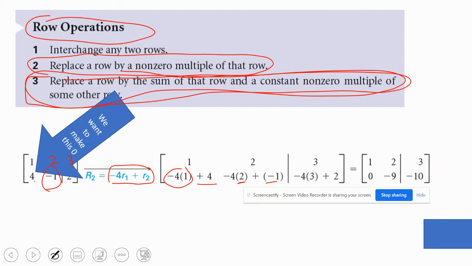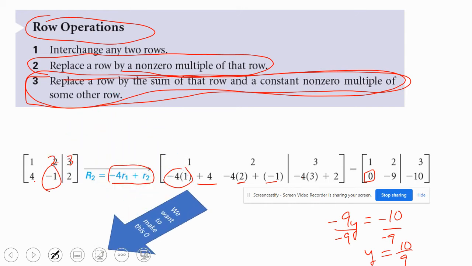And so you get a 0 here, which helps us because when we do that, we now have negative 9y equals negative 10, which means you know what y is. It's the same kind of thing you do with elimination. It's probably not faster with a 2 by 3 matrix, but we're going to practice on some of them because they're a little smaller.